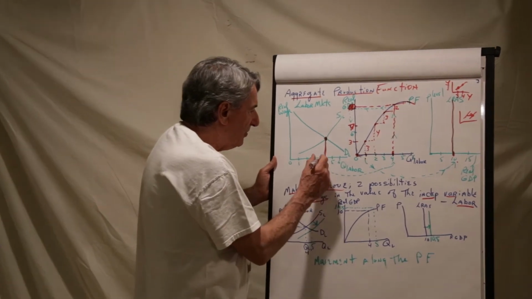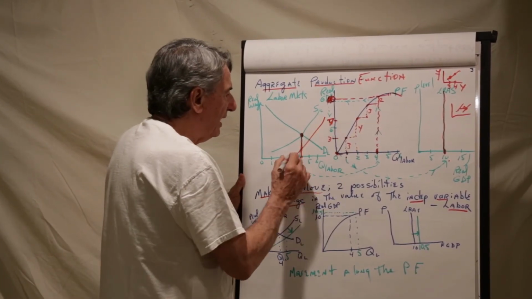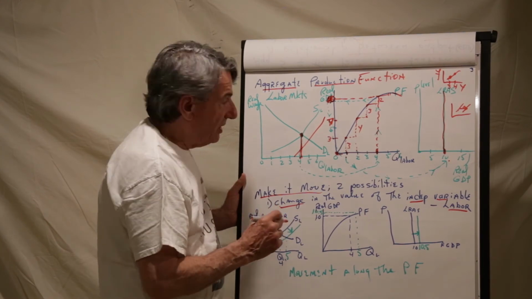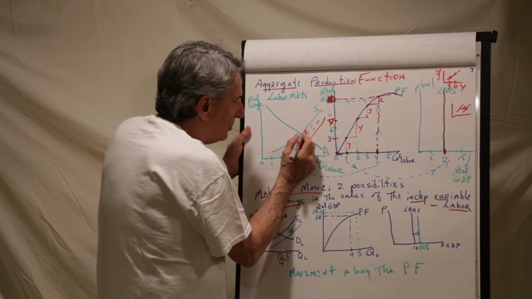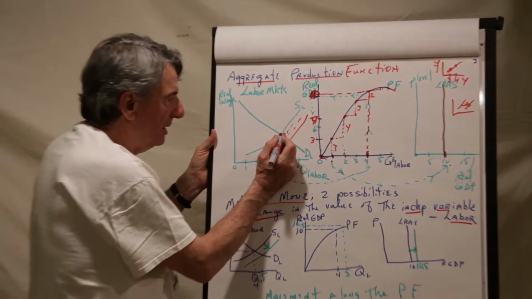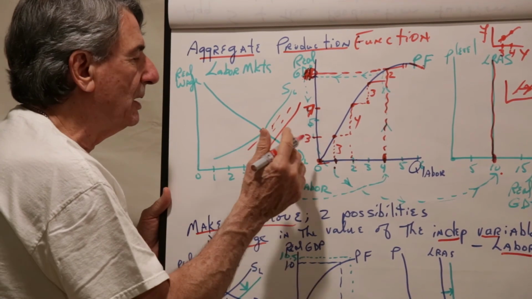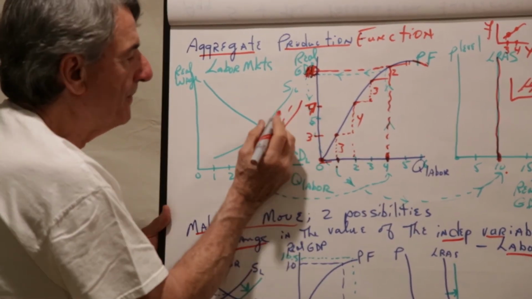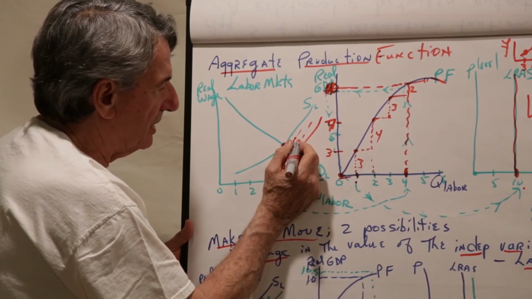How can this equilibrium amount of labor change? What if, like in the 70s and 80s, the labor markets got the triple whammy? There were big increases in the labor pool because of baby boomers hitting the labor markets.